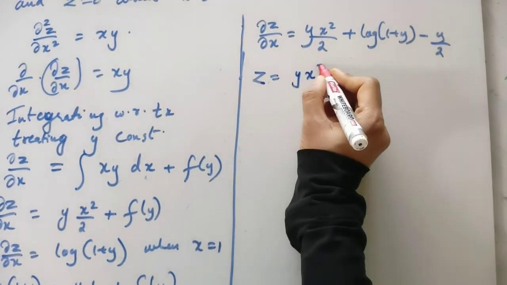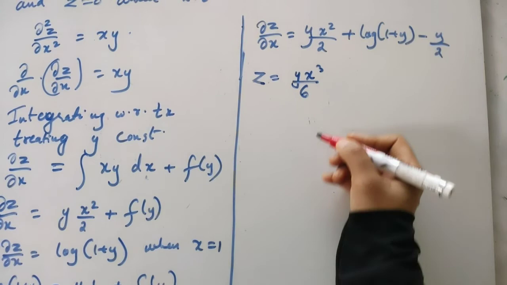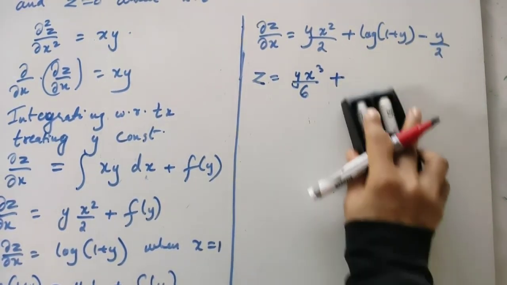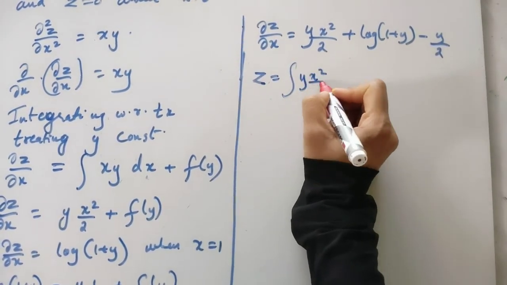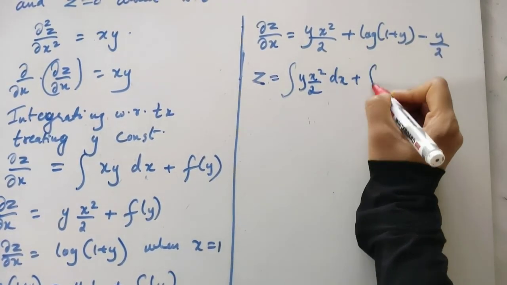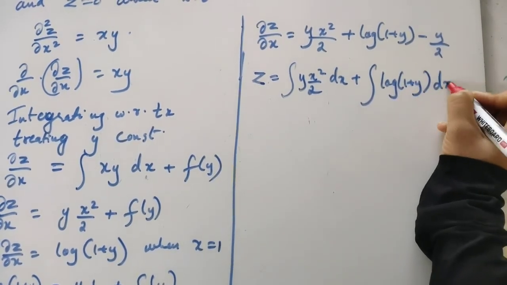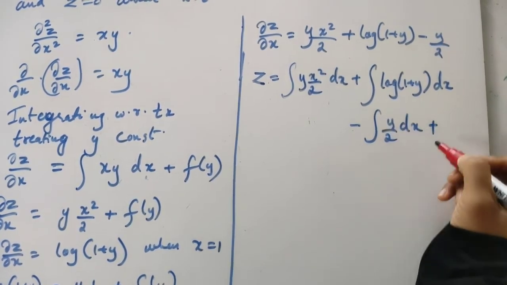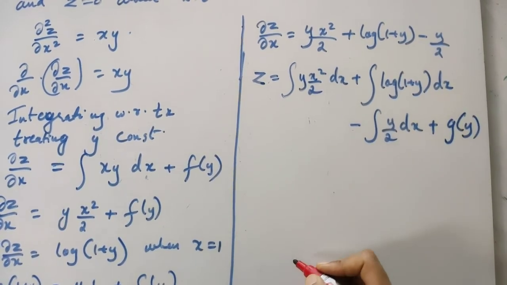Y into x cube divided by 6 you will get, because already 2 is there. I'll write it in detail otherwise. It will be integration of y x square by 2 dx plus integration of log of 1 plus y into dx minus integration of y by 2 into dx plus again an arbitrary function of y. I'm going to call it g of y this time.